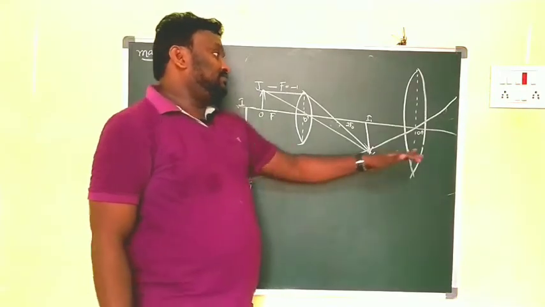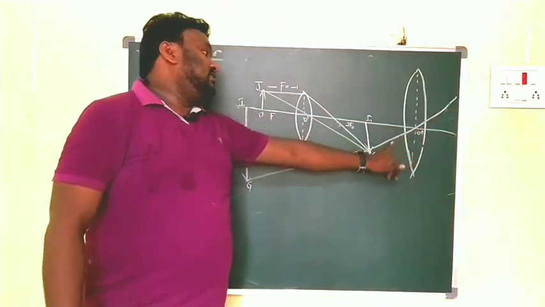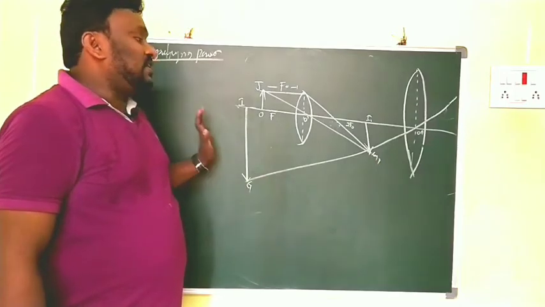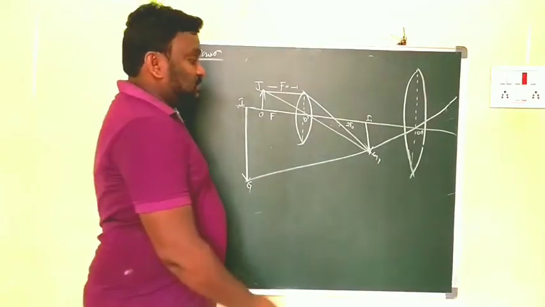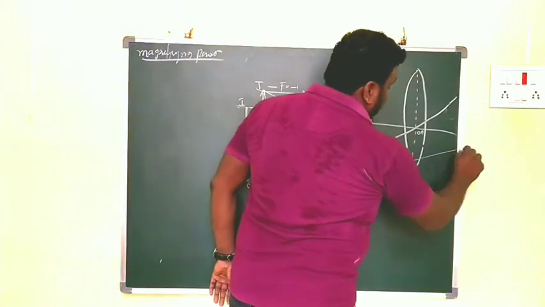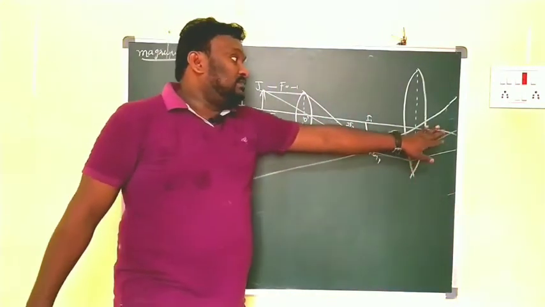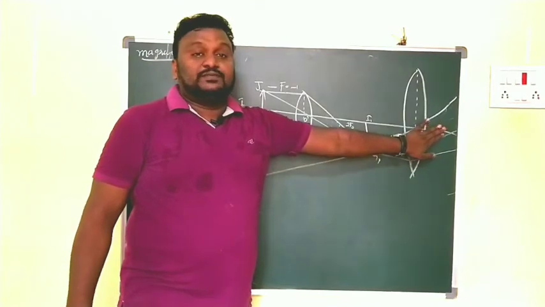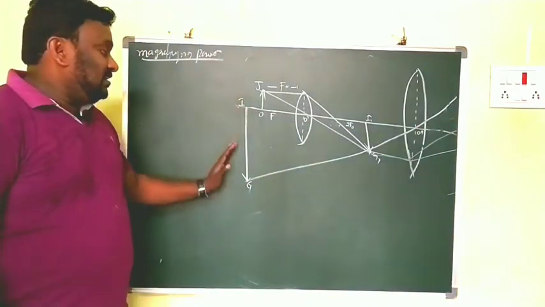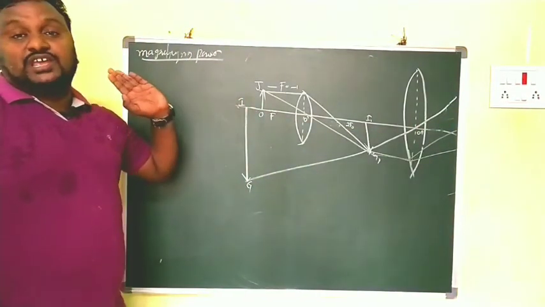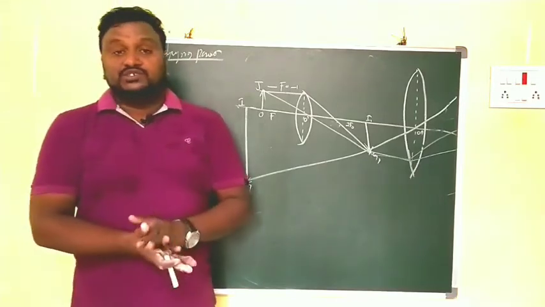So IG is the final image. Obviously you look like this, so we want to see the object from this side. So the nature of the image is what? Inverted and enlarged image, children.